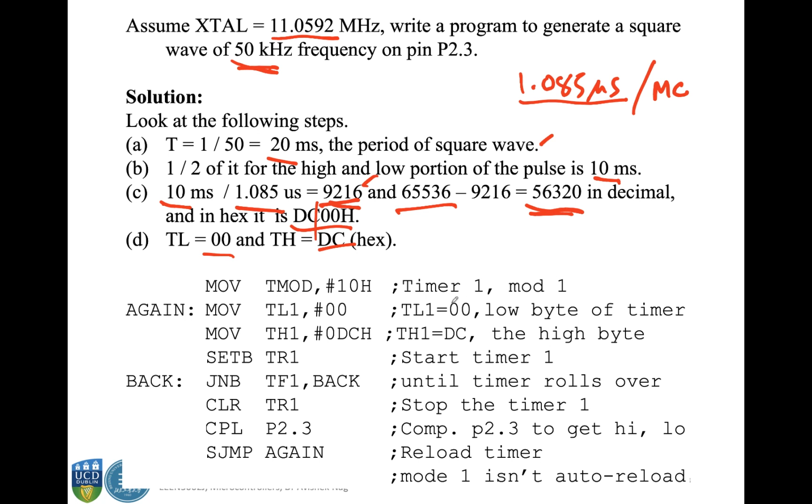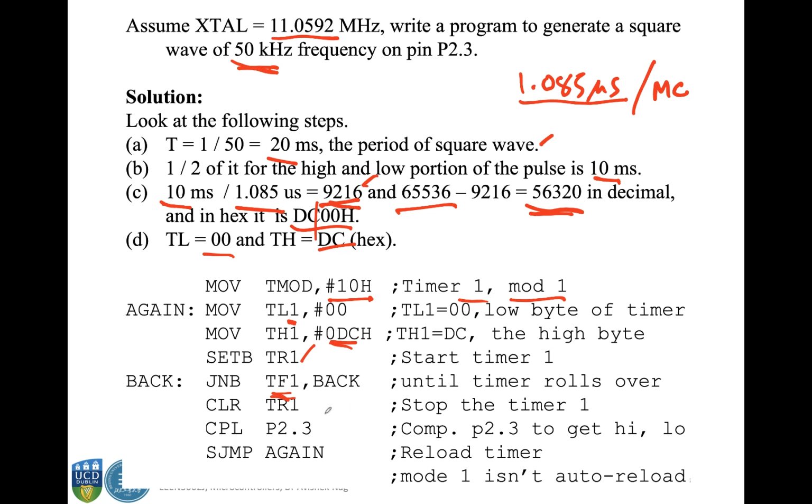with timer 1. So you are loading timer 1 with mode 1, that is the 16-bit mode. So you are loading 10 in TMOD, and then you are loading TL1 with 00 and TH1 with 0DC, and then you start the timer, and then you monitor the timer flag until it rolls over.